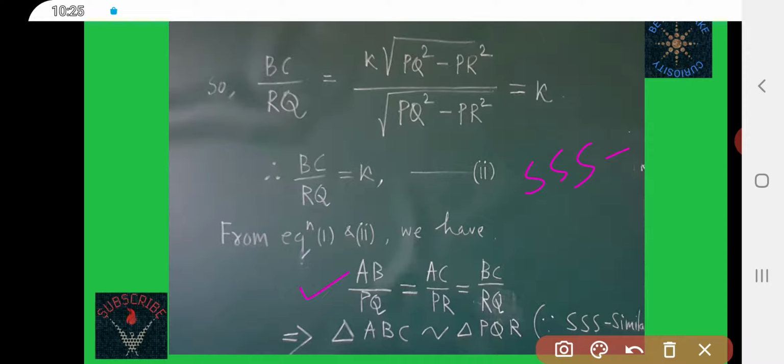Hence, the two triangles are similar. So, as their corresponding sides are proportional, we can write now triangle ABC is similar to triangle PQR.